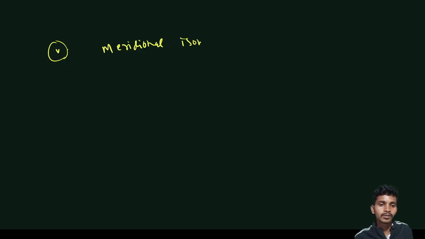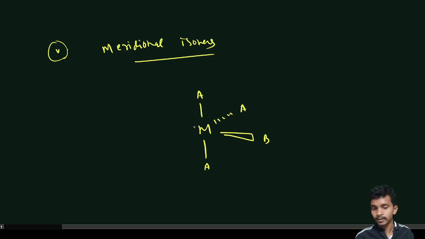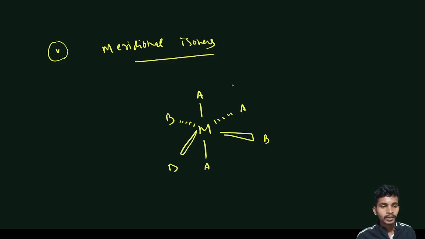Meridional structure isomers. This structure is like, let's say M, and let's say here A, and here A, and let's say here B, and here A, and here B, here again B. Okay, so between this A, this is 120 degree, and another between this 120 degree and this is 90 degree.